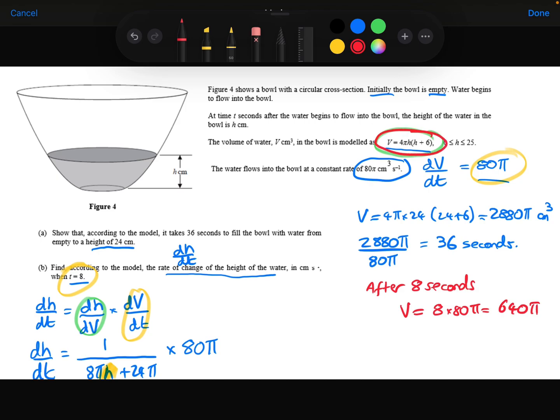Now I can use the volume formula to work out what the height would be at that time. So we can say 640 pi is equal to 4 pi h times (h plus 6). Now I'm going to divide both sides by pi. And I'm going to divide both sides by 4 as well while I'm at it.